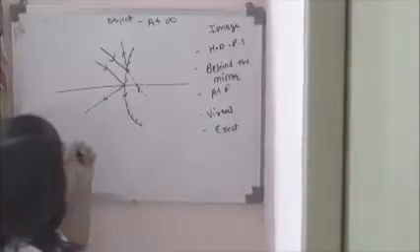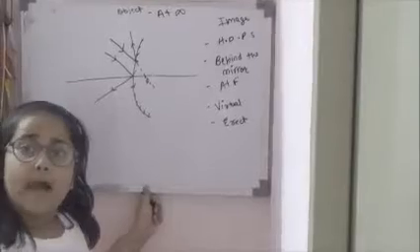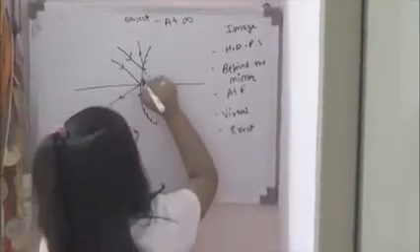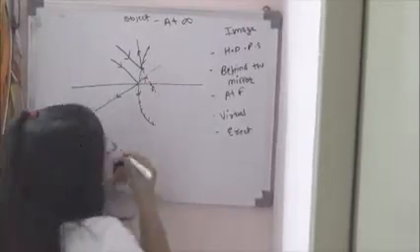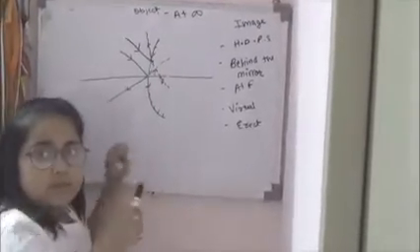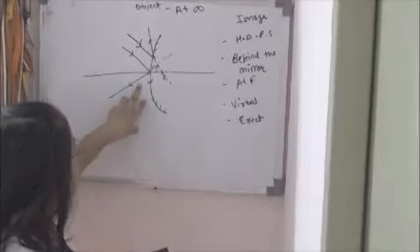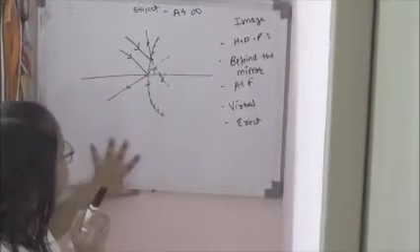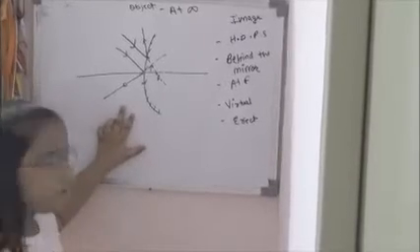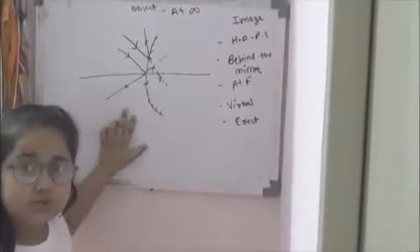So, if we produce the reflected rays backwards behind the mirror, then they meet at a point. Here you can see the image is formed. Here the image is highly diminished, but we can see it. Because the image is behind the mirror, it is virtual.